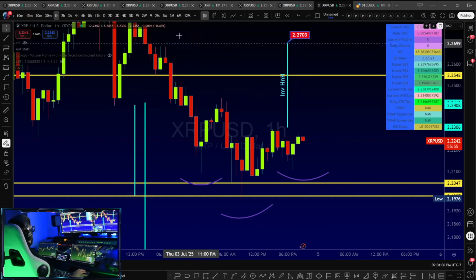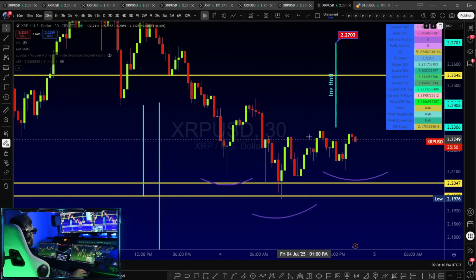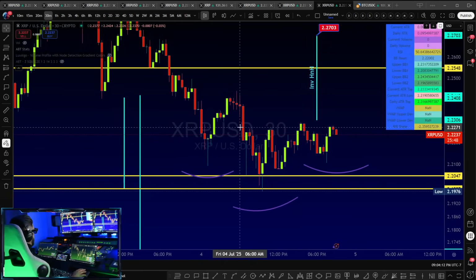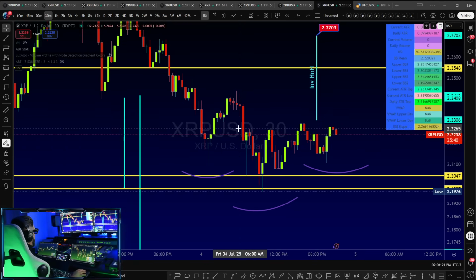Now, I guess we can even go down a time frame here, going down to the 30-minute time frame. We can actually see that there's an existing, very, very horizontal top here, like equal tops, equal targets everywhere. And that's something that we could also use to our advantage using this top wick here.